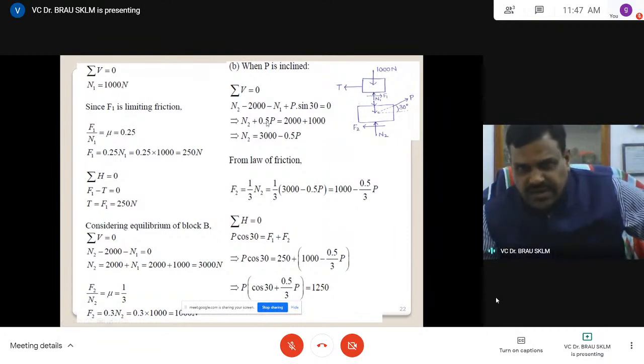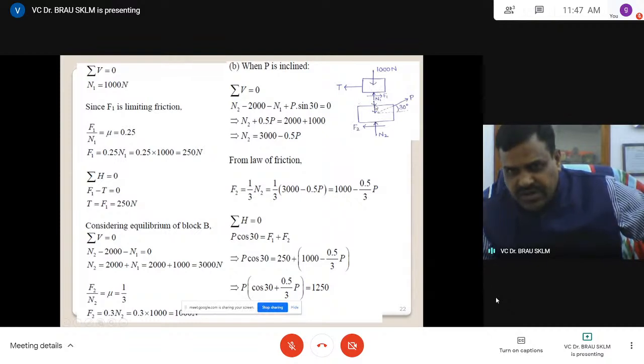Now let us see the vertical forces. Here N1, weight W, N2, three forces, active and reactive. And P has cos theta horizontal and sin theta vertical. That means normal reaction N1 and weight acting downwards, P sin theta acting upwards, and N2 acting upwards. That will be a total of four forces.